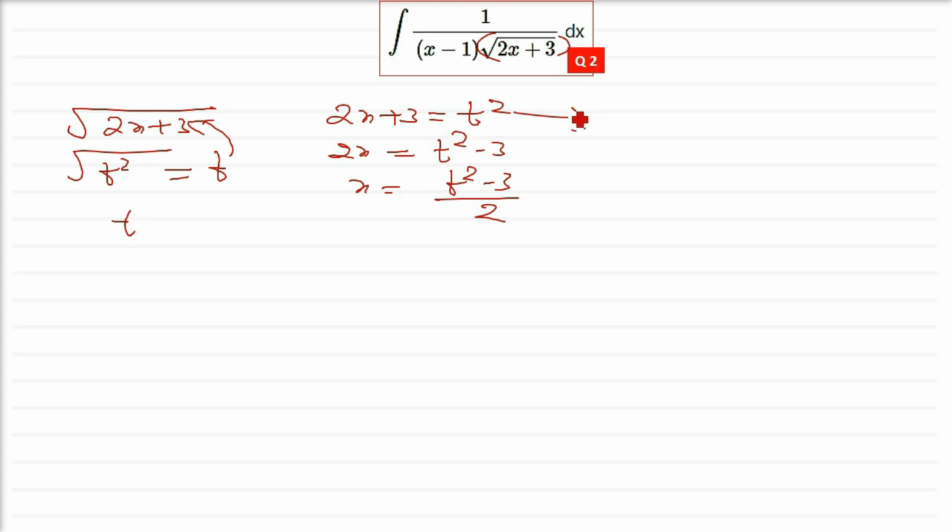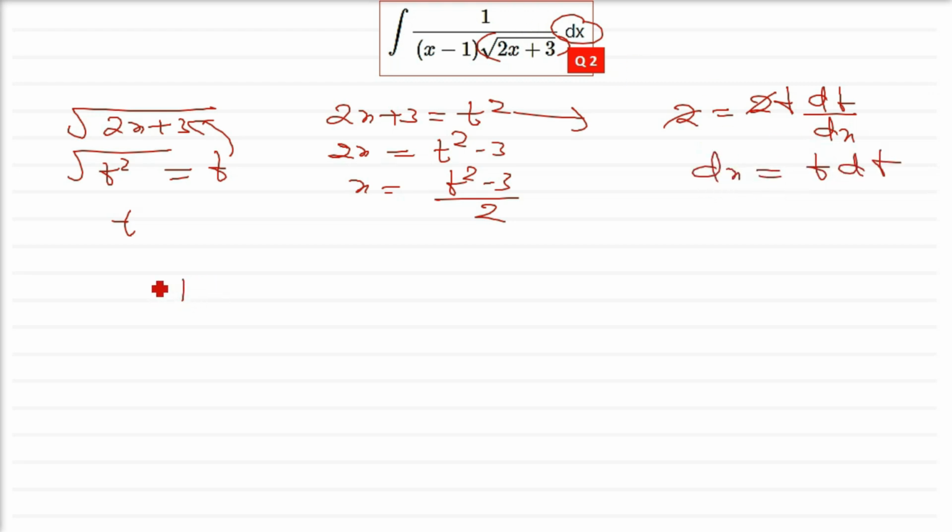Next step will be the differentiation of this t square equals 2x plus 3. So on the left, after differentiation with respect to x, 2 will come. On the right, it will be 2t dt by dx. 2 gets cancelled. So dx in this case becomes equivalent to t dt.